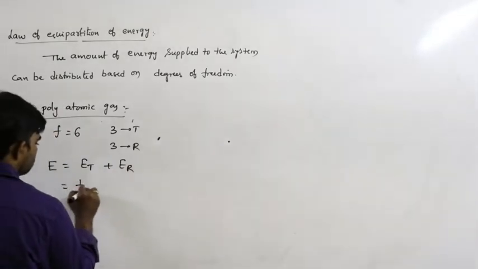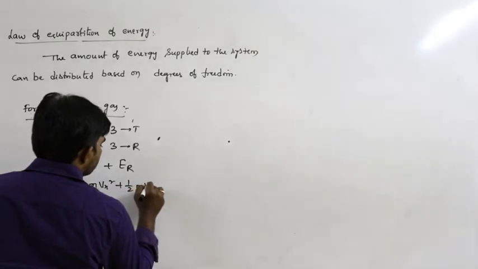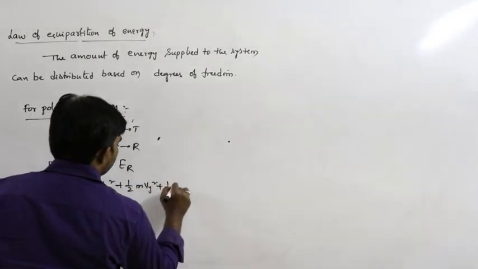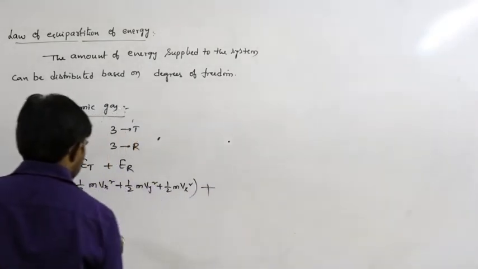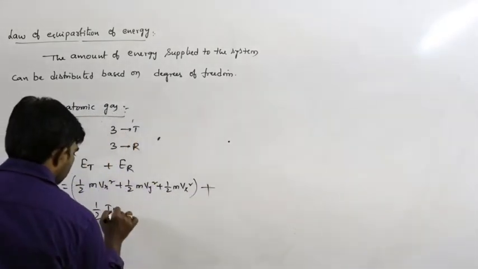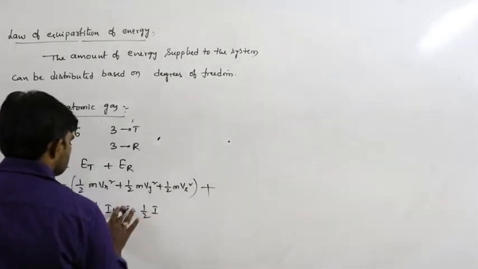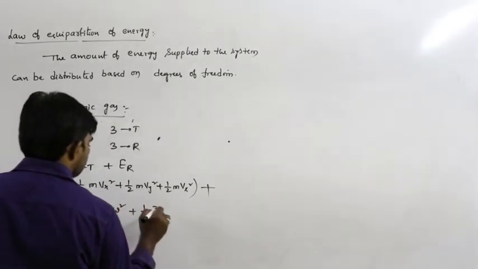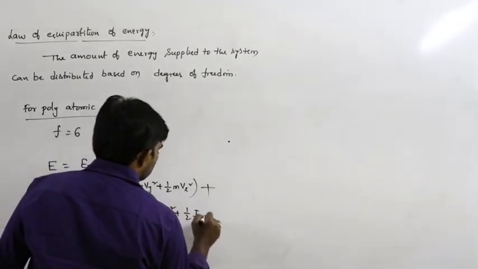Translational motion: half m vx square plus half m vy square plus half m vz square, plus rotational motion: half Ix omega x square plus half Iy omega y square plus half Iz omega z square.